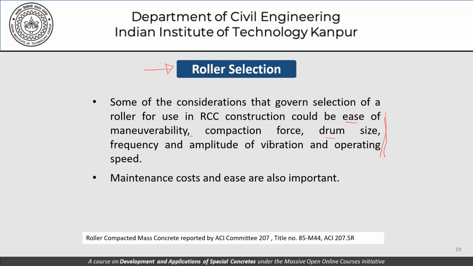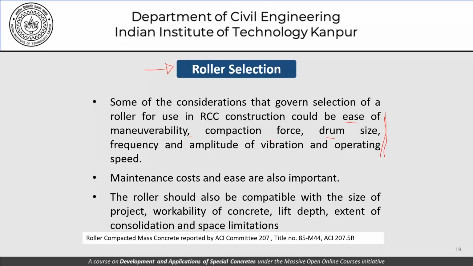Maintenance cost and ease, of course, is the other aspect. After all, rollers are nothing but normal construction equipment, and like any other equipment, the maintenance cost and the ease of their availability in the market is also important.